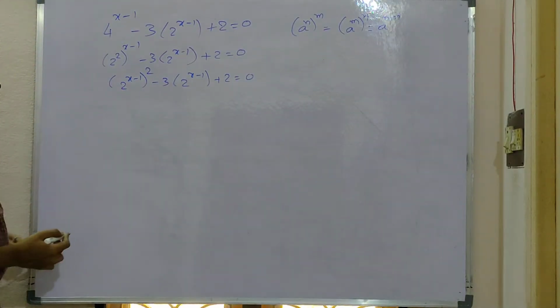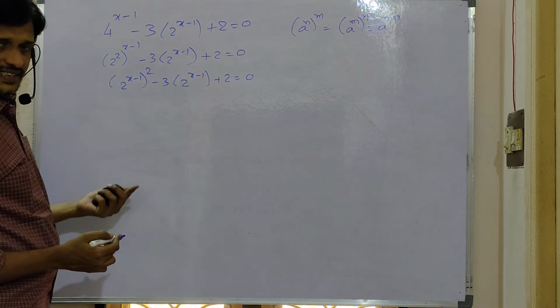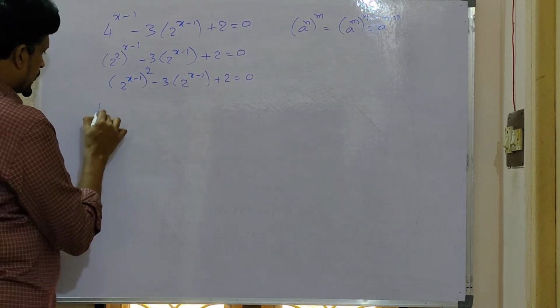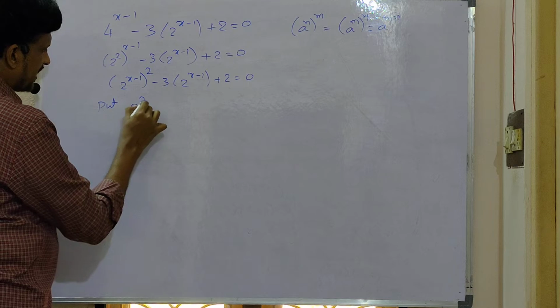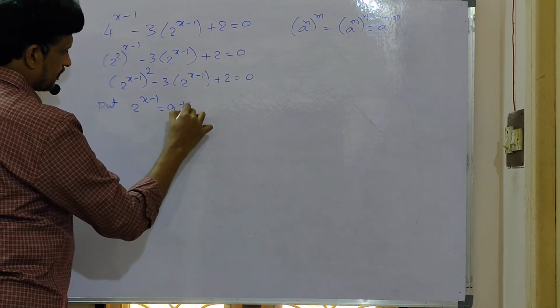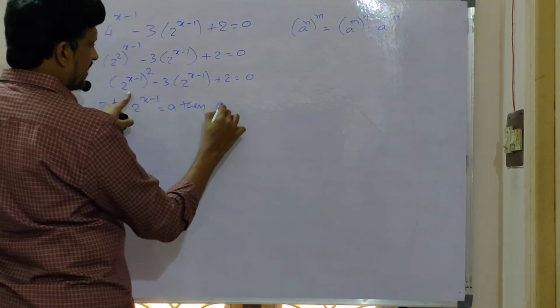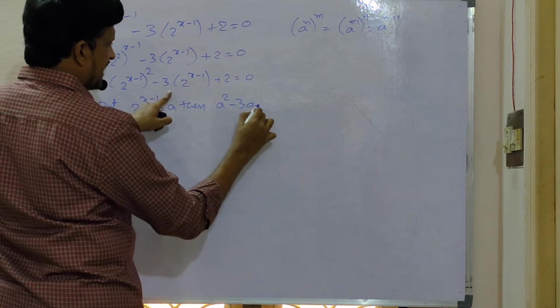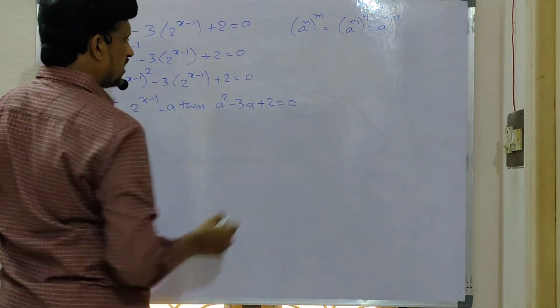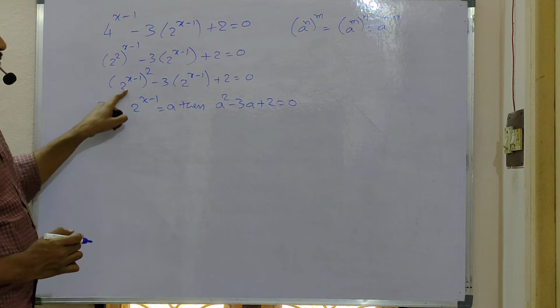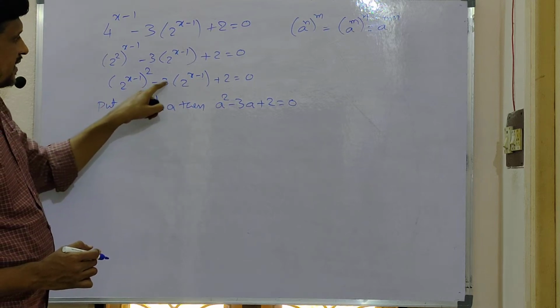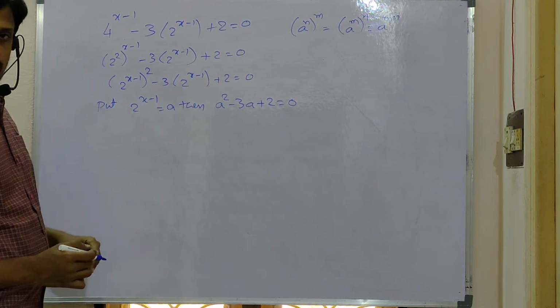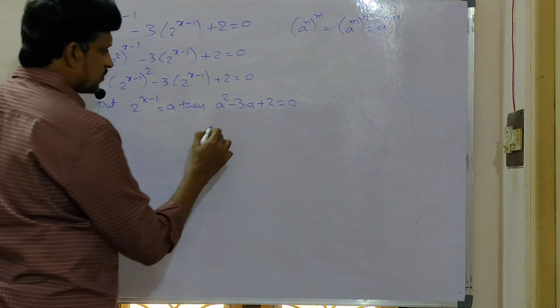Now you can replace this 2 power x minus 1 by a to write this in the simplified form. So put a is equal to 2 power x minus 1. Then this will be a square minus 3a plus 2 is equal to 0. Again by factorization you can solve this one here.